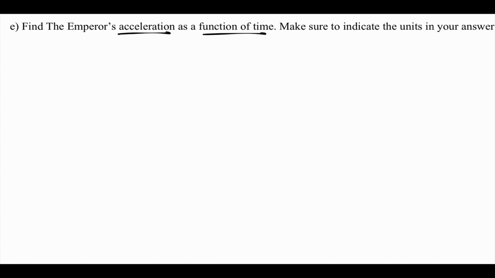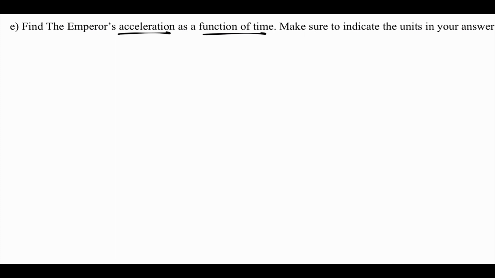Acceleration as a function of time. So what they mean there is, they don't give me a specific time, right? If they don't give you a specific time, they just want the equation. Give me the equation for acceleration. So what do we know about acceleration?